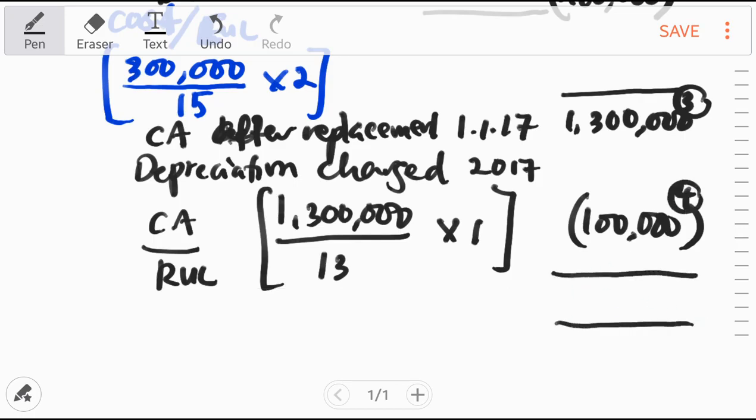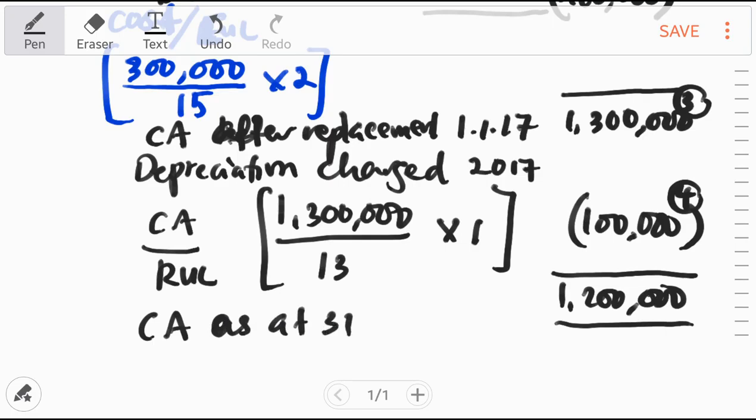And this will give you 1.2 million. And this is the carrying amount after replacement as at 31st of December 17. Okay, this also need to be explained.